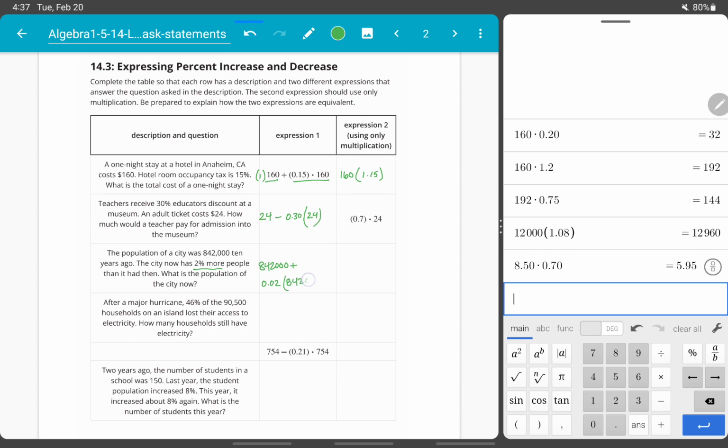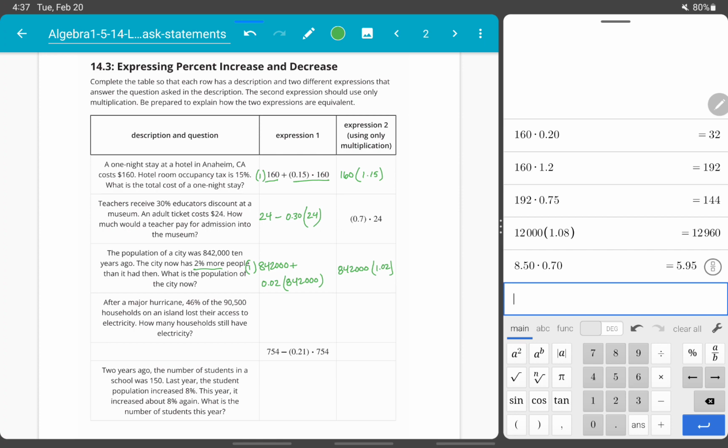So this gives us the 842,000 again. Now, just like we did in the first one, there's an invisible 1 right there. If we factor out the 842,000, we can take 842,000 and do 1 plus 0.02, which would give us 1.02.